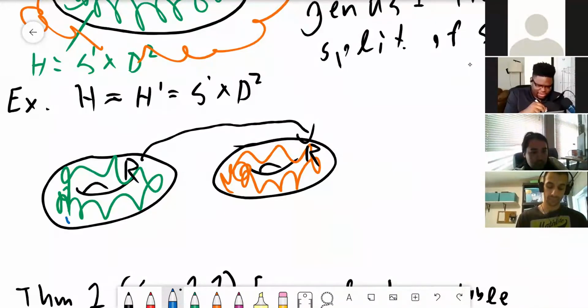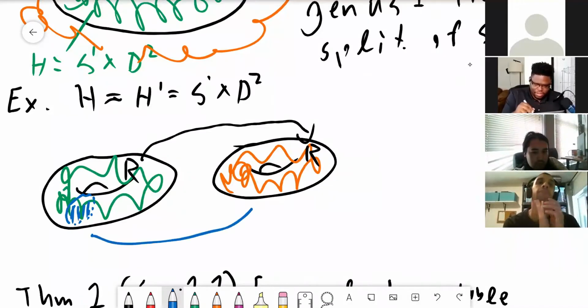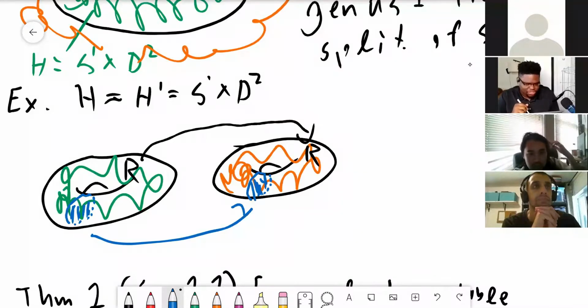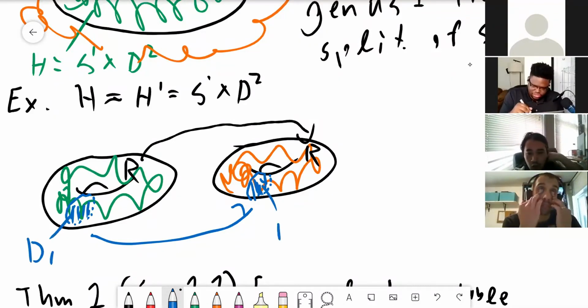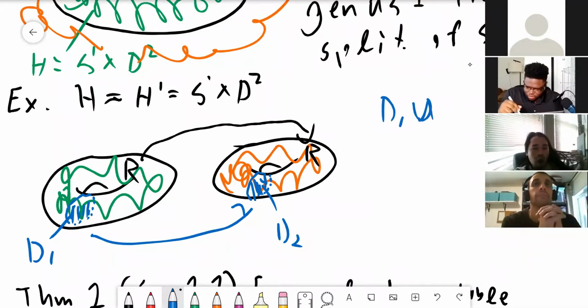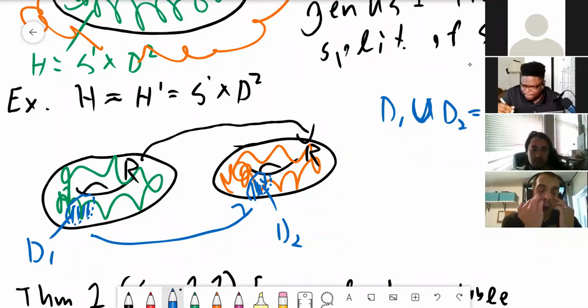Well, if I take this curve on the boundary which bounds a disk, this curve gets mapped by F to another curve on this other handle body, which also bounds a disk. Let's call these D1 and D2. Together, we get a 2-sphere.